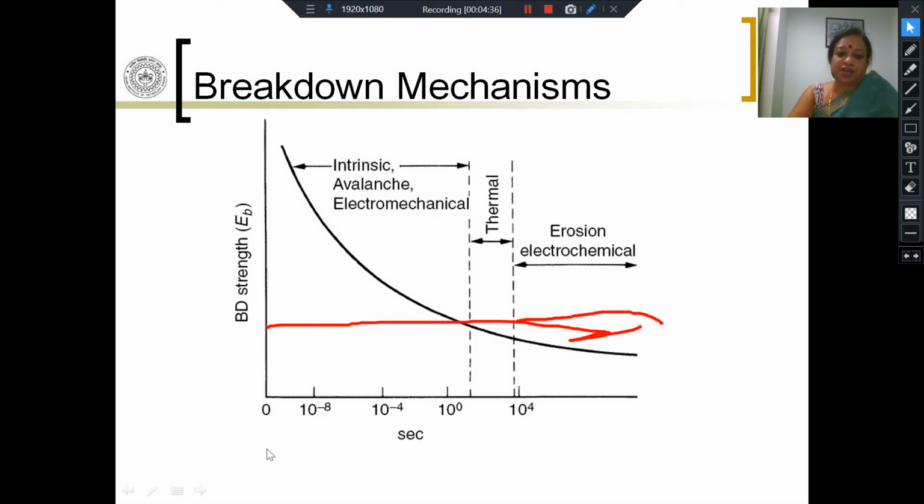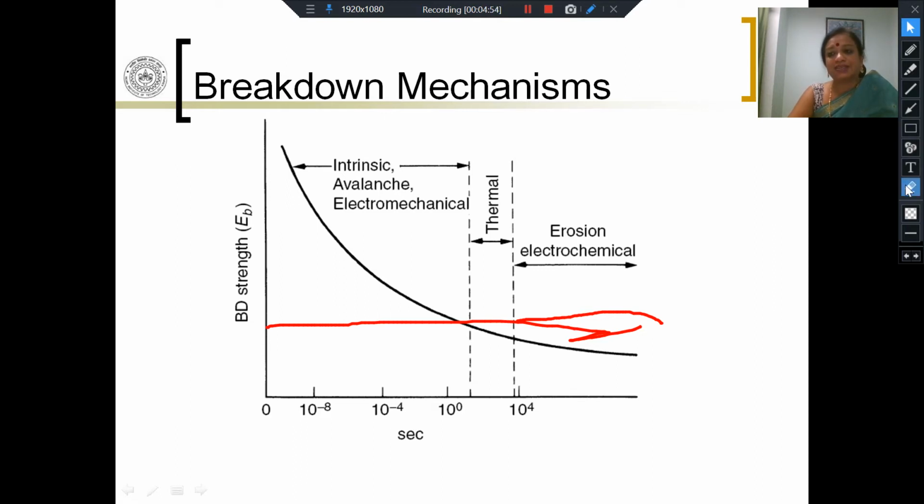Initially, the stress is much lower than the strength, and you don't have a problem. But you keep the voltage applied for long periods of time, and when you have crossed something like 10 to the power 1, so 1 second, after that, that same value may lead to breakdown.